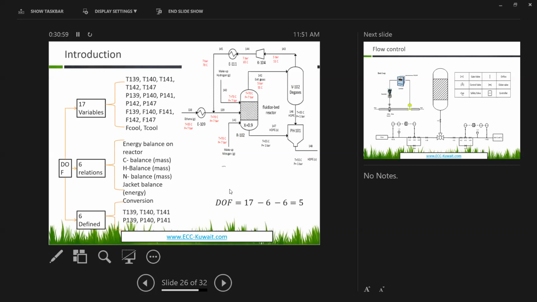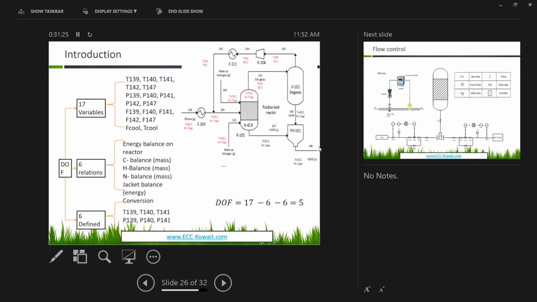The degree of freedom is very simple: the number of unknowns minus the number of equations gives me the degree of freedom.